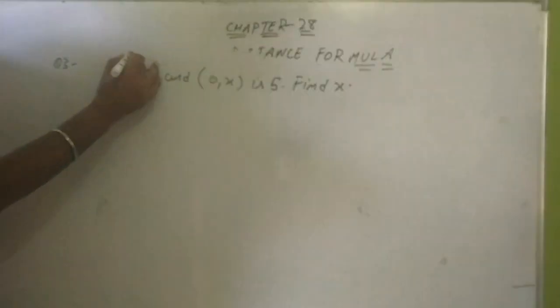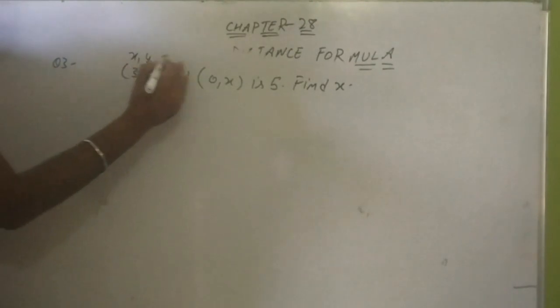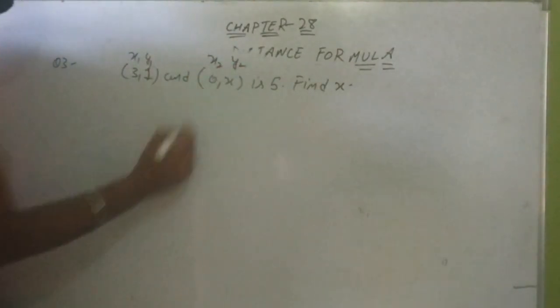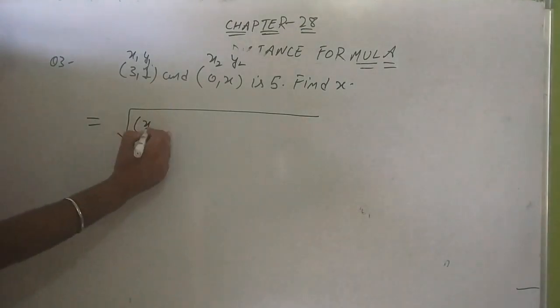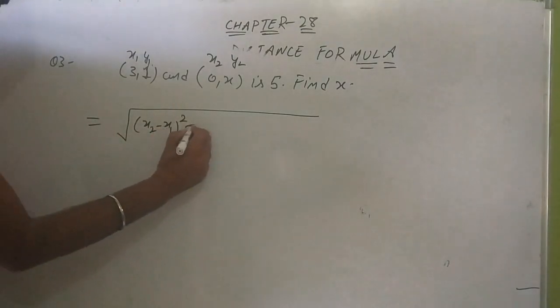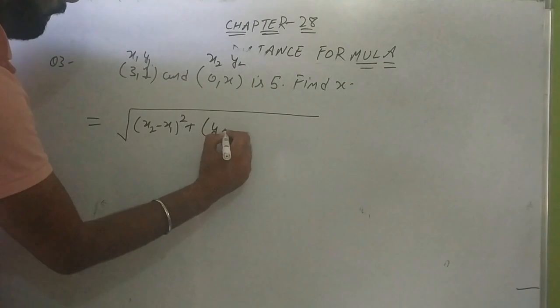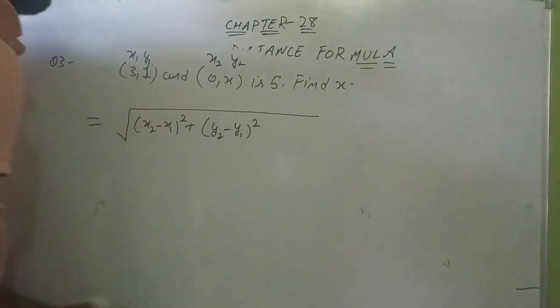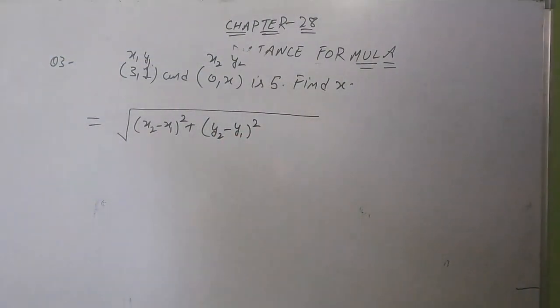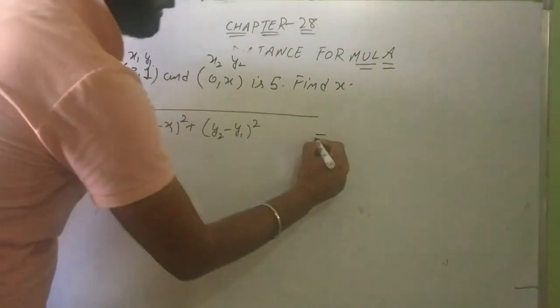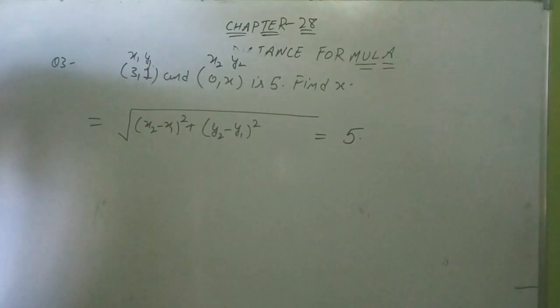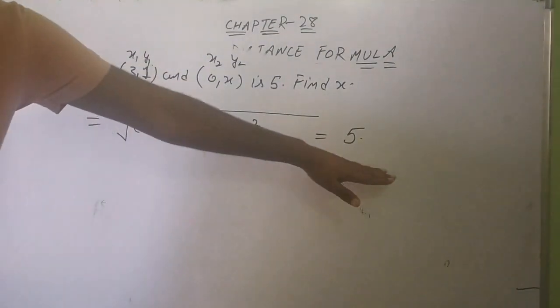So again, beta, take it as x1, y1, x2, y2. Apply the distance formula, that is equal to under root (x2 minus x1) square plus (y2 minus y1) square. Okay, so before you solve, always write the formula. The distance between these two is equal to 5. So distance is given, that is equal to 5.